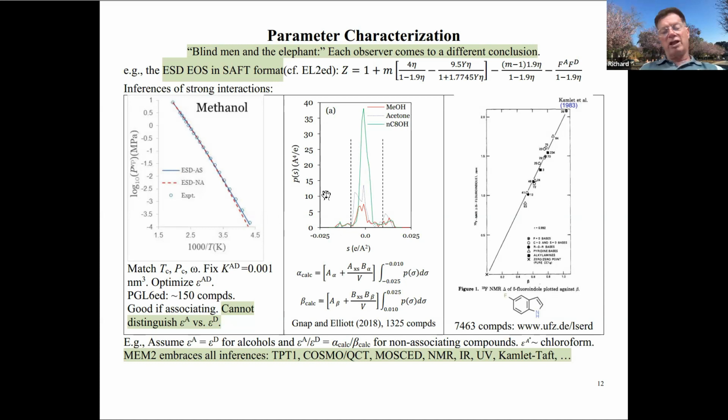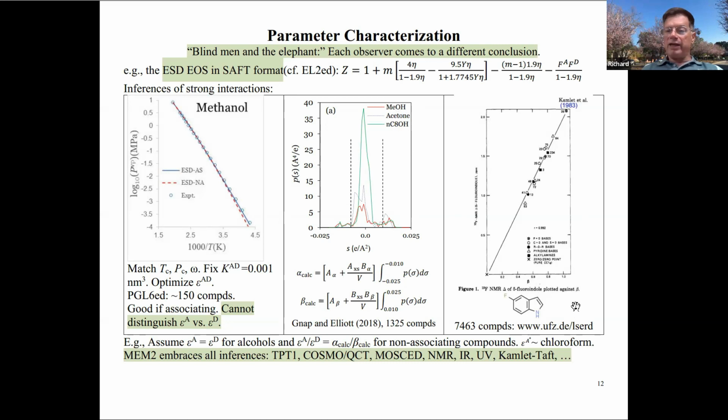If you're past it on this line, it's a proton acceptor. And so these can be used, maybe the area under the curve or some other designation, to calculate the acidity and basicity of the molecules that way.